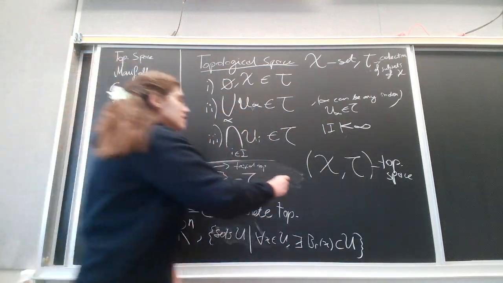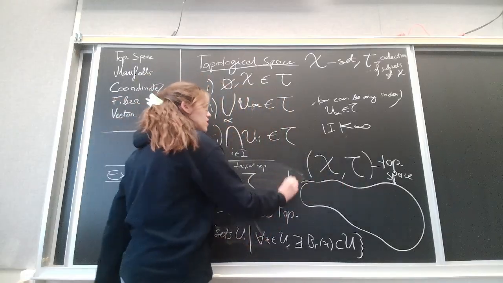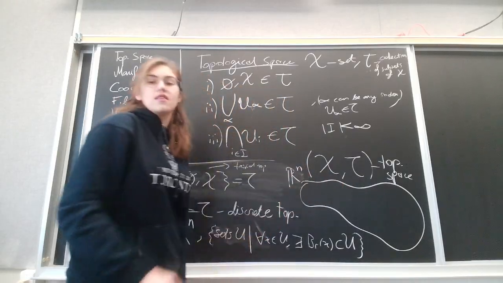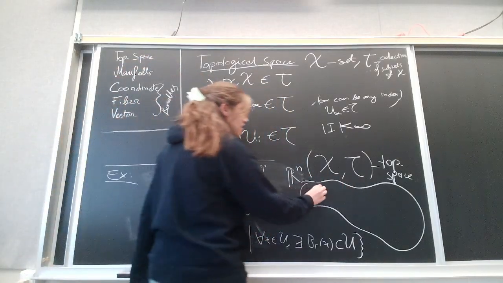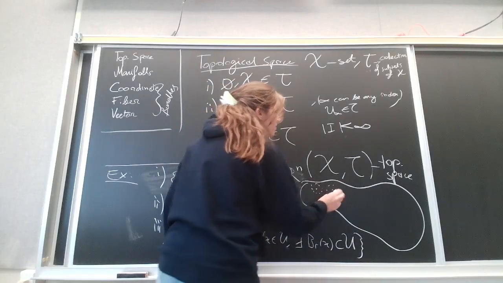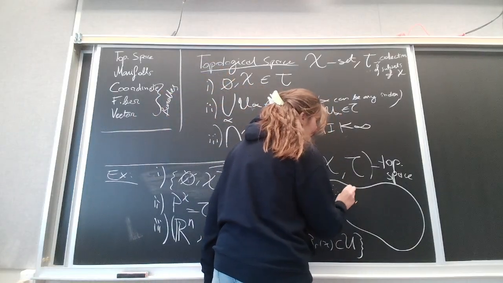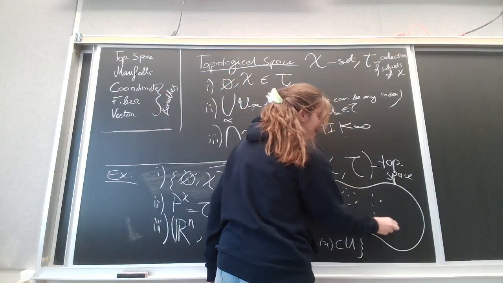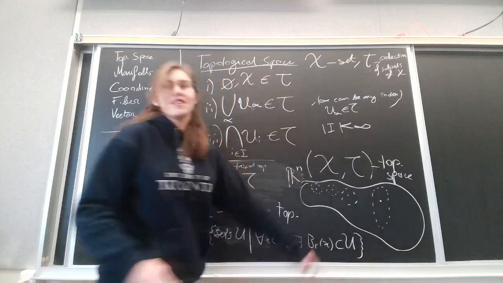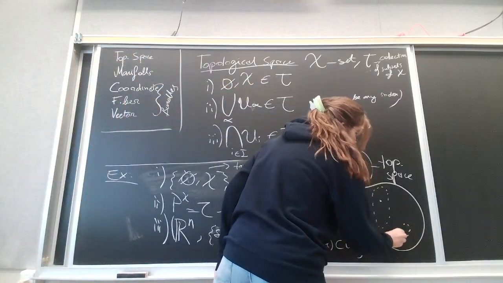And if this is your Rn, the open sets will be something like this. Well, open balls are like a base for the topology, but I'm not going to go into that. Or it can be something like this too. You can take unions of some stuff, and then it'll give you something of this shape. Or you can even make weird shapes.